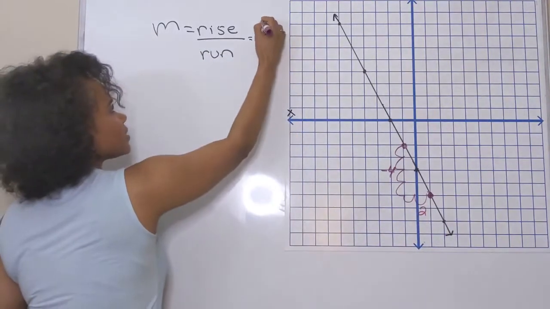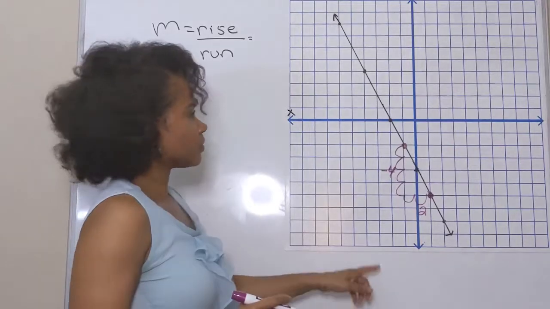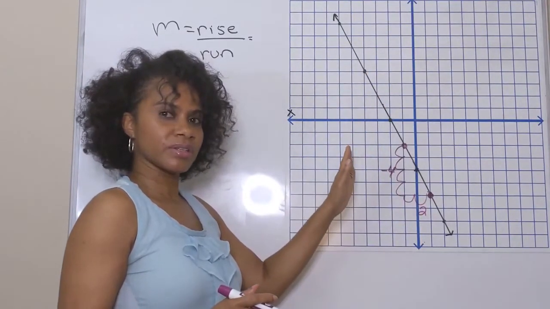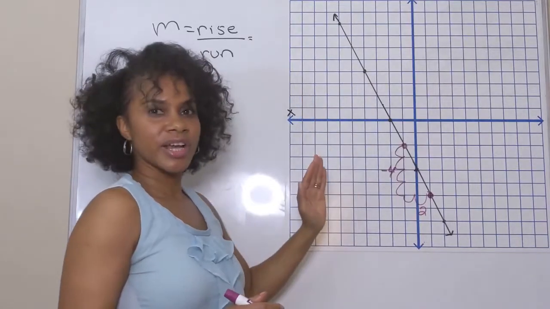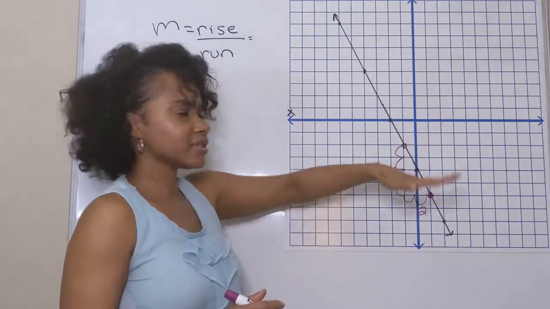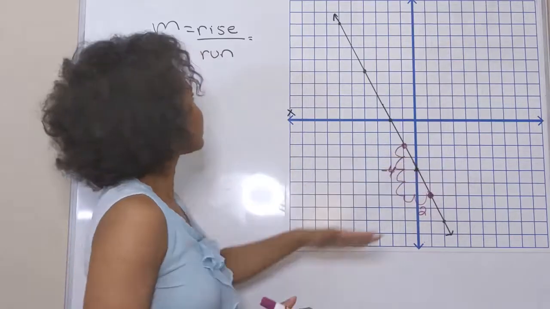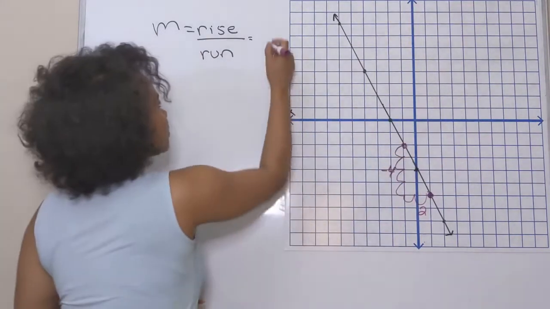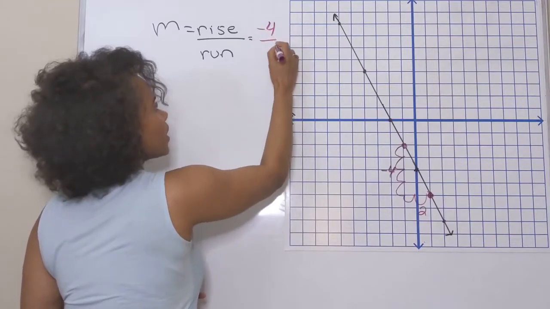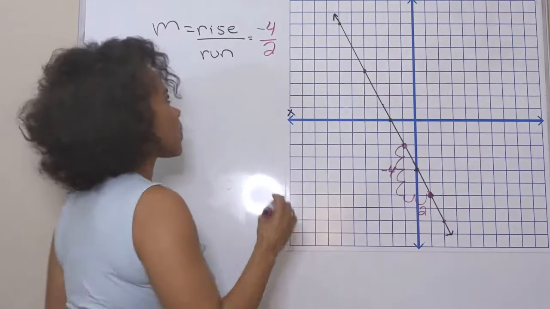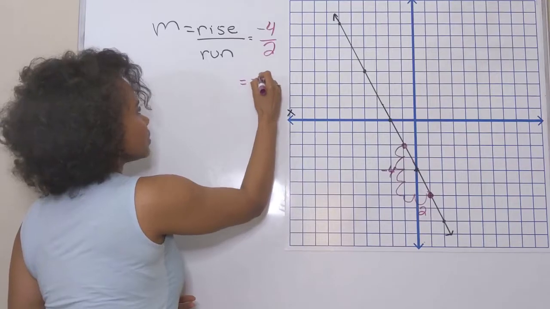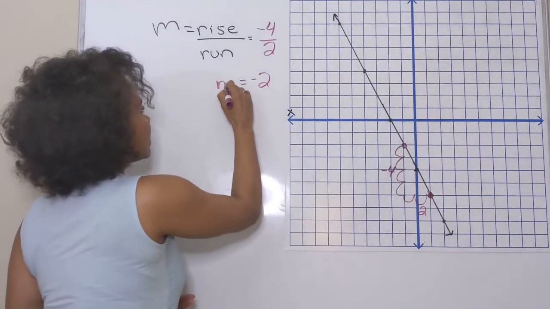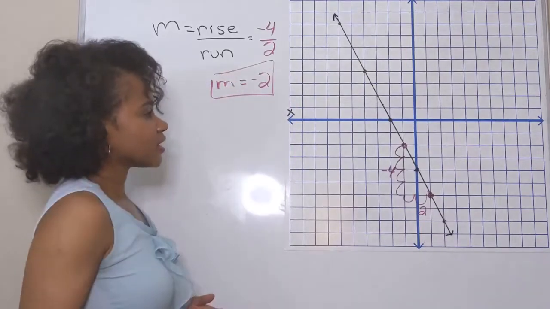So my rise, or my change in my y value, because this is on my y-axis, so your change in your y value is your vertical change. The change in your x value is your horizontal change. So my vertical change, or my y value, would be negative 4, or my rise, over 2. And that reduces to negative 2. Okay, so the slope of this line is negative 2.